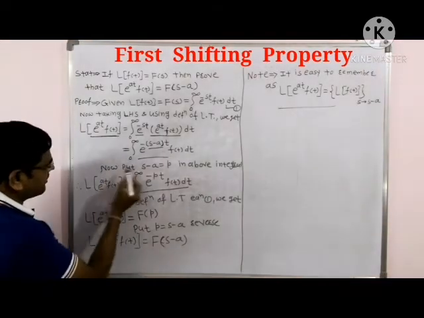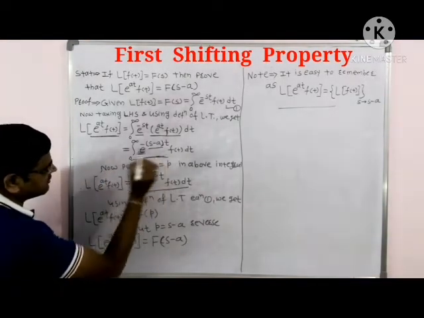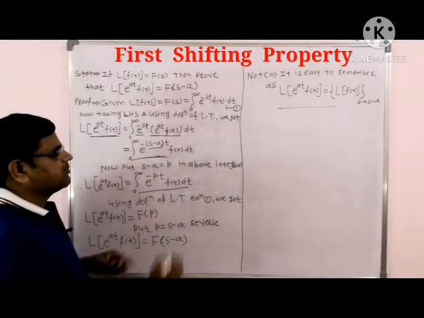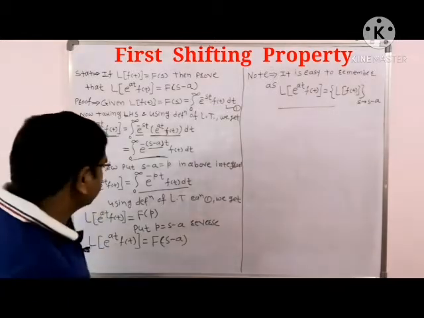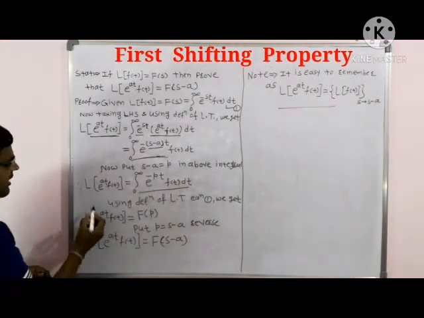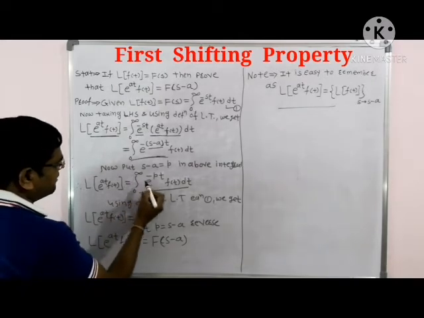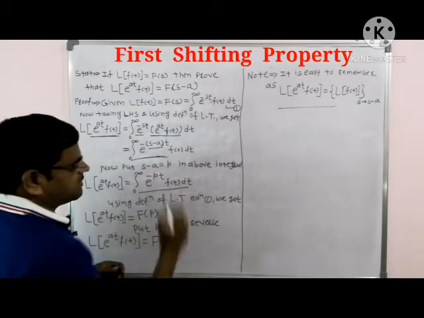Now to solve this integral for simplification, let us put s − a = p. Then the above integral can be written as the integral from 0 to infinity of e^(−pt) f(t) dt.